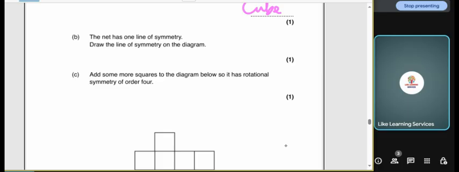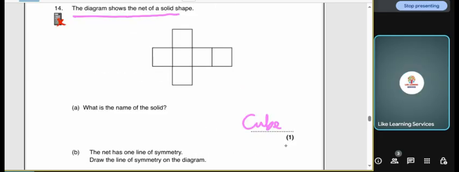All right. The net has one line of symmetry. Draw the line of symmetry on the diagram. I think it's only this, right?